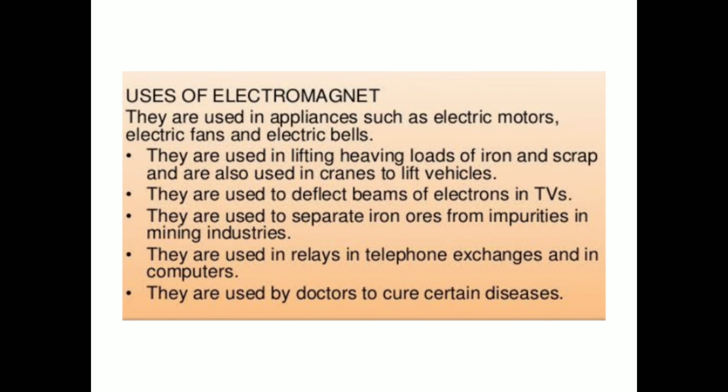How can a magnet be prevented from being destroyed, or how can we save a magnet? We use a soft iron and place it in the box in which the magnet is also kept.